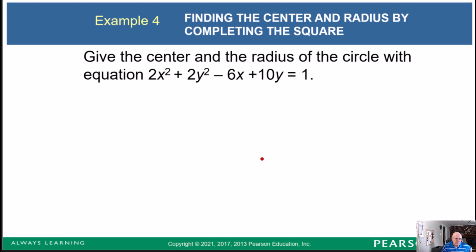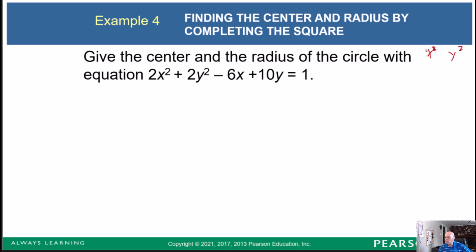How about this one? This is good practice, but also we've got a little wrinkle that we didn't have before. In the previous one, you had x squared and y squared.